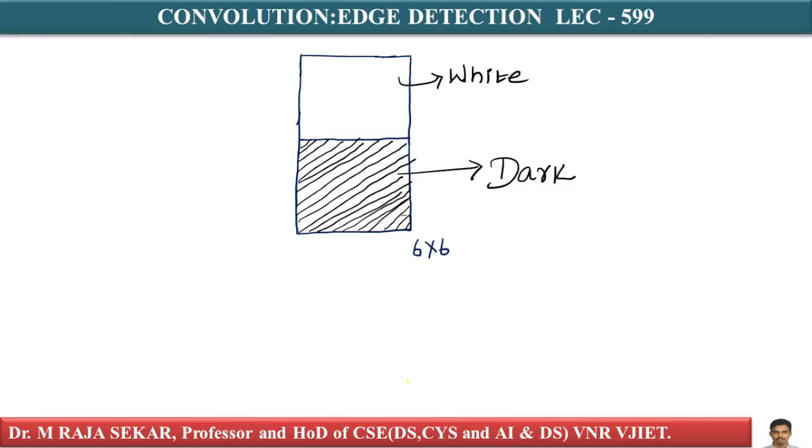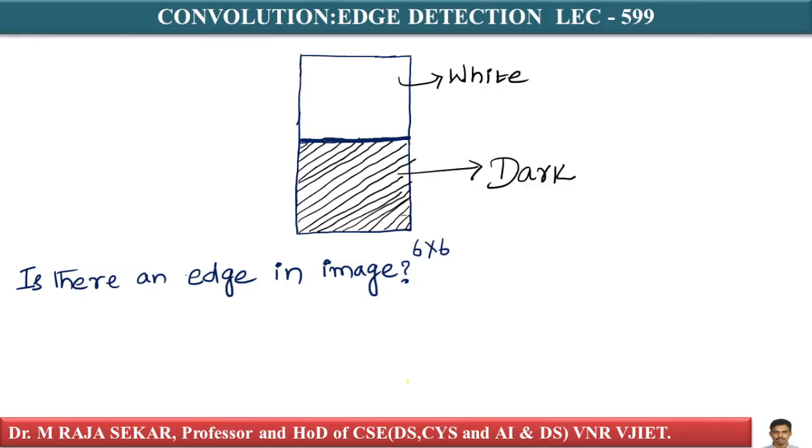Now in this image, if I ask you, is there an edge in the image? It's a small 6 by 6 image. You would say, obviously, yes, there is an edge.